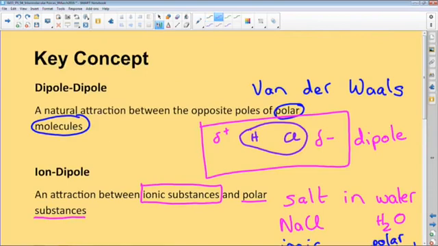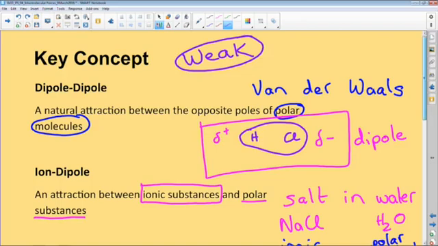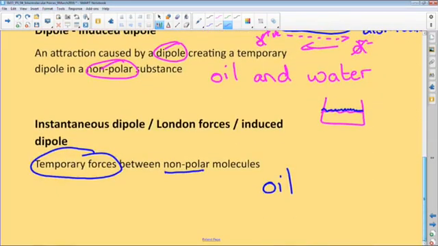Some can be stronger than others, but in general, they're all weak. The weakest, like I said, is our induced dipole or our London forces. These are our weakest intermolecular forces, IMF, intermolecular forces.